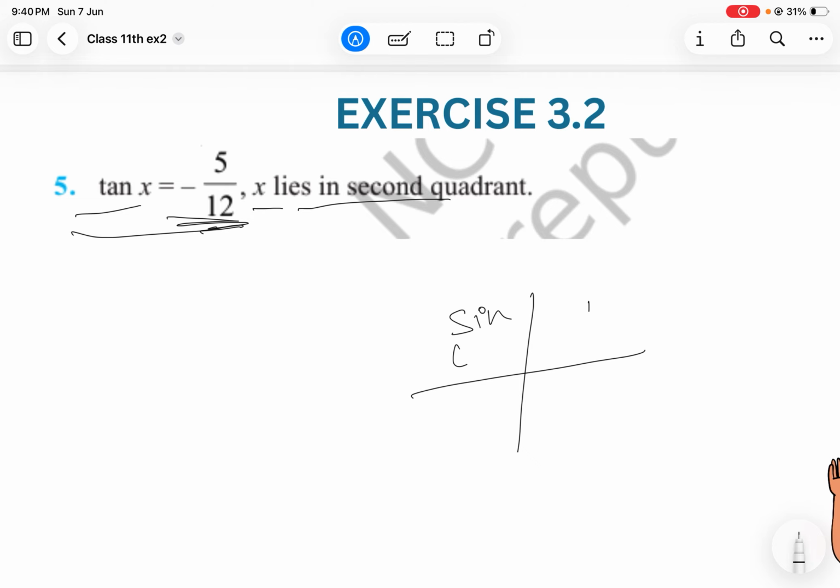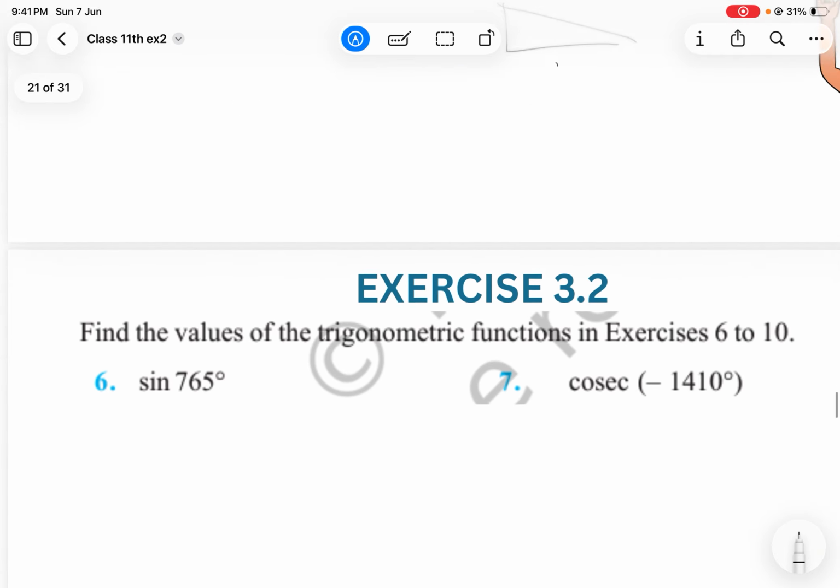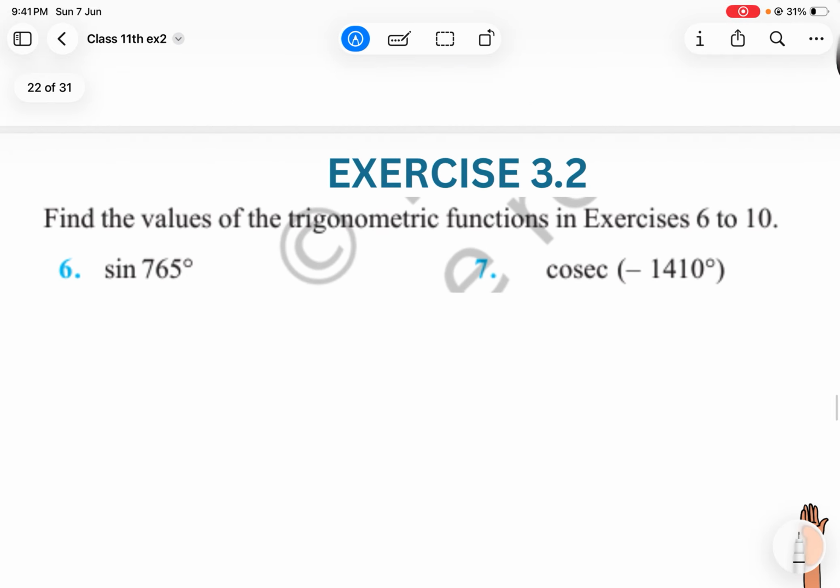Here sine and cosec are positive, and all the other values are negative. That's why it's written in the negative form, right? So you will again make a triangle, put the values and calculate one side, and then put in the sine, cos, tan functions, right? Now in question number 6, we have something different that we will talk about in the next video.